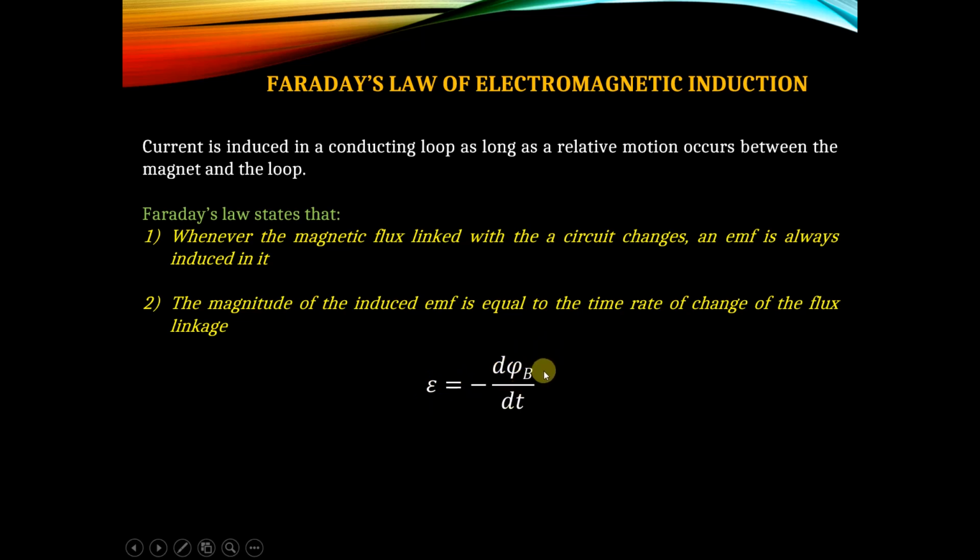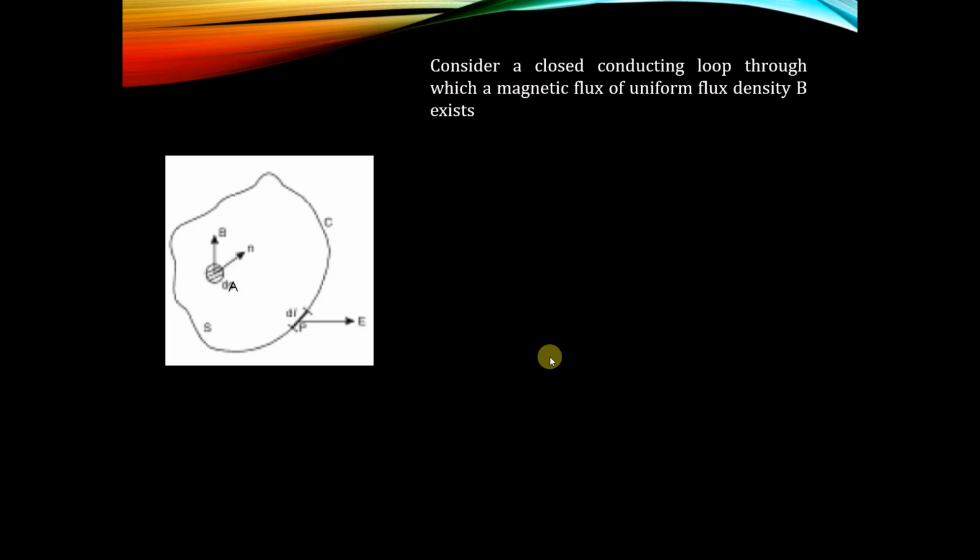Now let's try to get an integral form and differential form for the Faraday's law. So we remember this, that induced EMF epsilon is equal to minus d by dt of the magnetic flux. So let's consider a conducting loop.